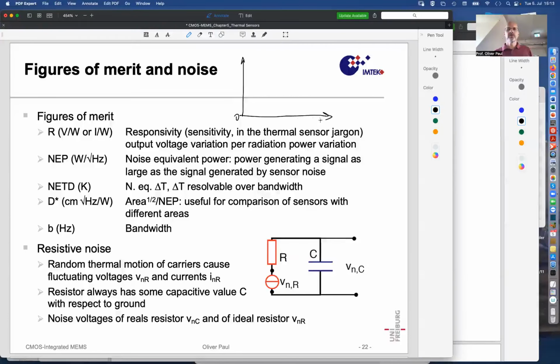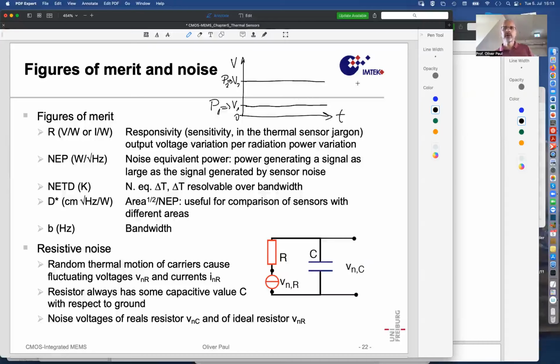So 0, and here is time. So let's imagine that we have some power P1 impinging on that sensor, and then it produces an output voltage V1. And well, I'm measuring that as a function of time. If I come in with another power P2, I will obtain a second voltage V2.